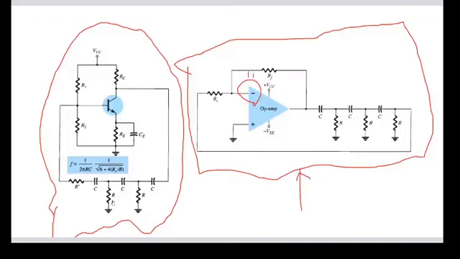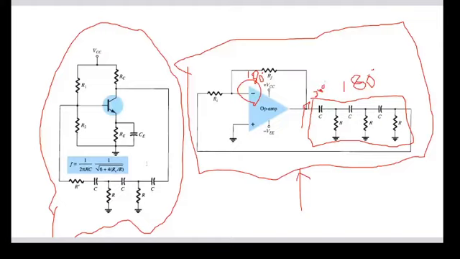Also your RC combination will introduce a phase shift of 180 degrees. So effectively in the output we'll be getting a 360 degree phase shift. That means 360 degrees is equivalent to 0 degrees. This is about the op amp circuit.